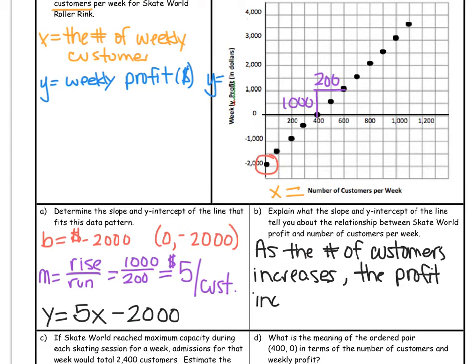And so if we look at the slope, as the number of customers increases by 1, the profit increases by $5. That's our slope, $5 for every 1 customer. That's what our profit increases by.